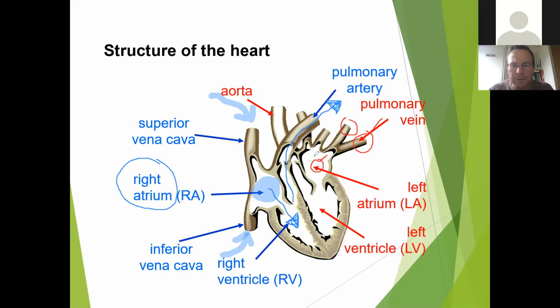So blood now comes back from the lungs and collects in that left atrium. So as those atria are squeezed, they're both squeezed down into their ventricles. So what you can see is now it gets squeezed into that ventricle.